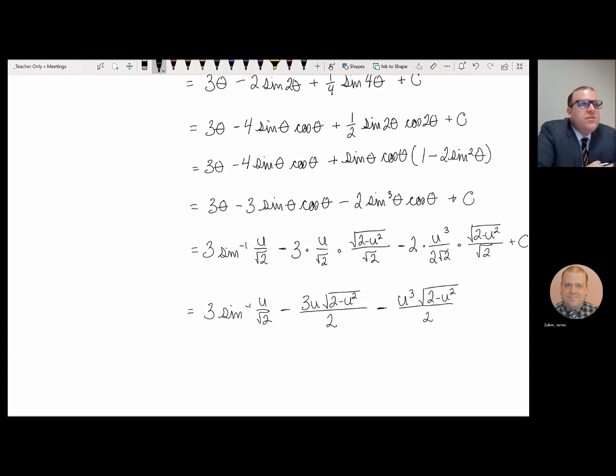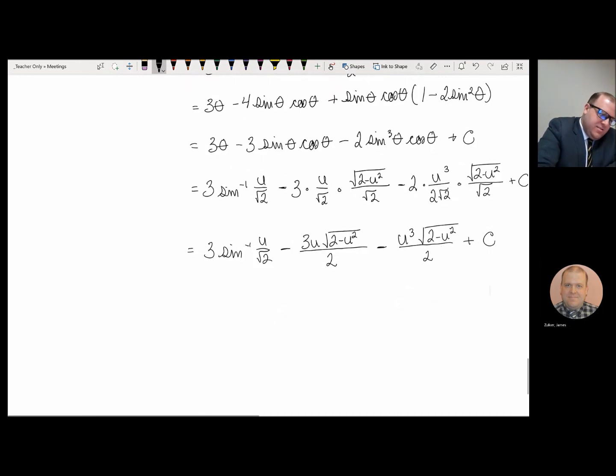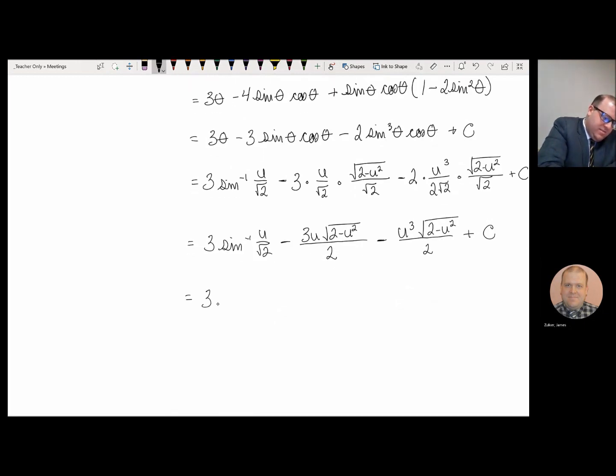Then we get root 2 times root 2, which is 2. That has the same denominator, so why not just write it as a single fraction?